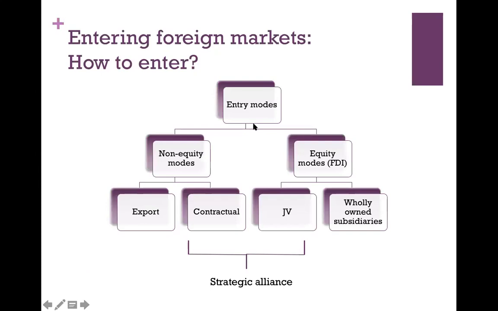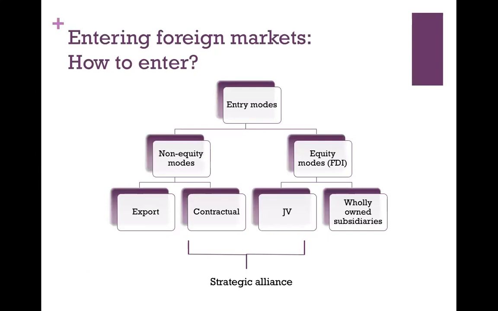So if we split them into two groups, non-equity modes and equity modes, or in other words, foreign direct investment. We have two options in terms of non-equity modes: the export strategy or contractual. So we assign someone as the contractor, and this person makes it happen in the host market.